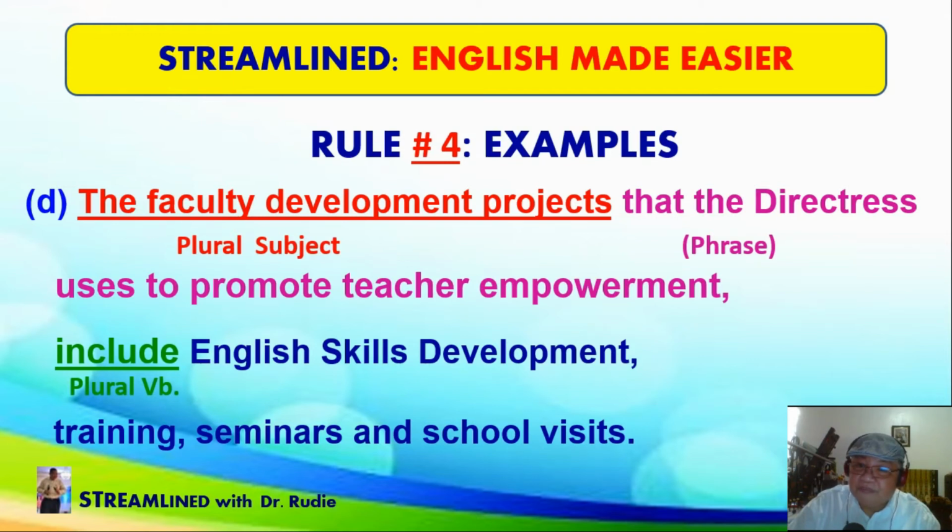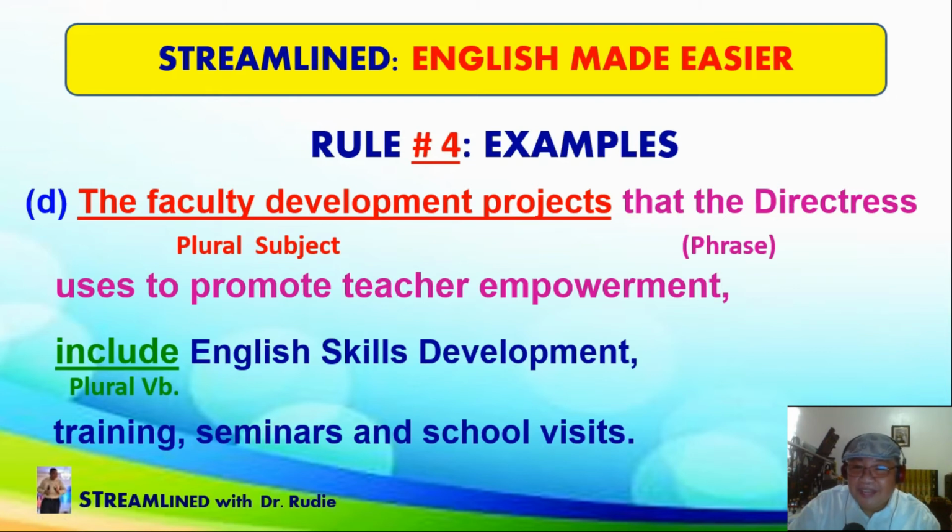Our verb is include, which is also plural in form. The intervening expression or phrase that contains the words directress, singular, and teacher empowerment, also singular, do not in any way impact on the number of our subject, that is plural in form.